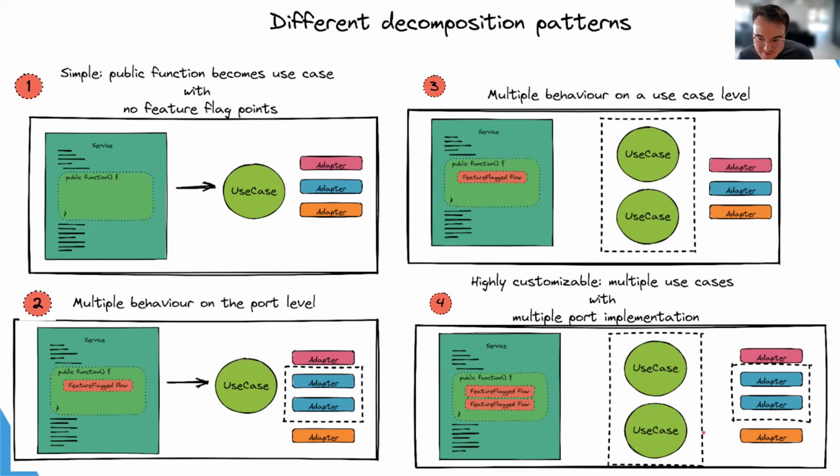So the function can become two use cases, and each use case can still have multiple adapters. So this is like strategy pattern on steroids, right? Two levels, but this shows that the architecture we are using allows for highly customized scenarios.